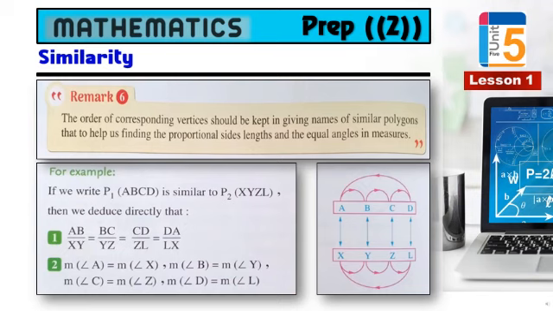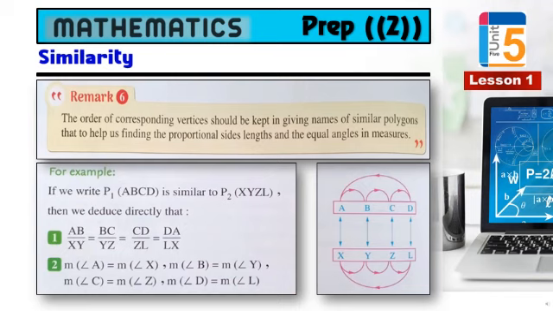For example, in the opposite figure, we note that the vertex A is opposite to the vertex X. It means the measure of angle A equals the measure of angle X. And the vertex B is opposite to the vertex Y. It means the measure of angle B is equal to the measure of angle Y, and so on.